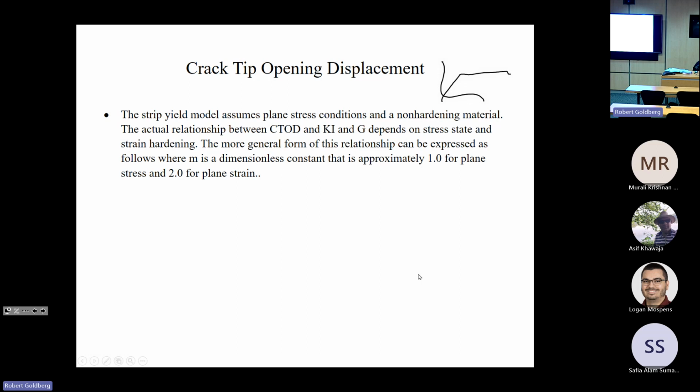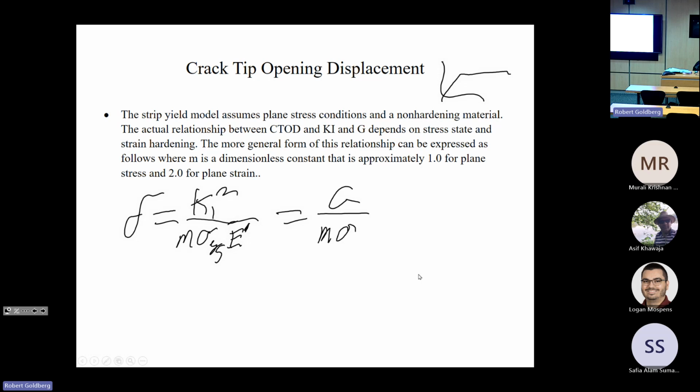So there is a more general expression that says that the crack tip opening displacement is equal to the square of the energy release rate with some non-dimensional parameter in here multiplied by the yield stress multiplied by this E prime, which is different for plane stress or plane strain, which is equal to the strain energy release rate divided by this M term times the yield stress.